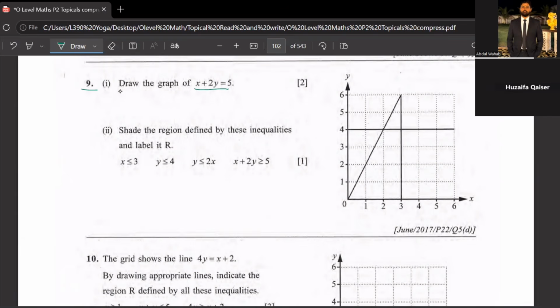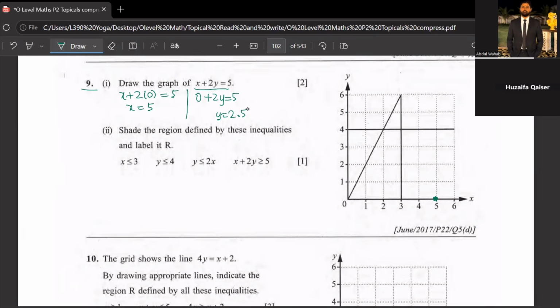If I plug in y is equal to 0, you will get x is equal to 5. It means at y is 0, x is equal to 5. So this is one point. And if I plug in x is equal to 0, 2y equals 5, so y is equal to 5 upon 2, which is 2.5.